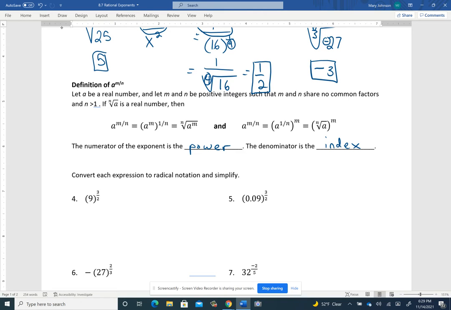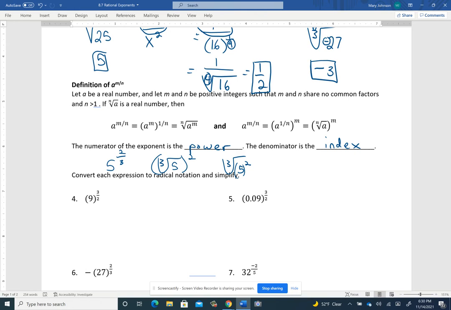So for instance, if you had 5 to the 2/3 power, then you know it would be a cube root. 5 is the base, and then you could either square it after the fact, or you could have squared it first and then taken the cube root. It could go either way.